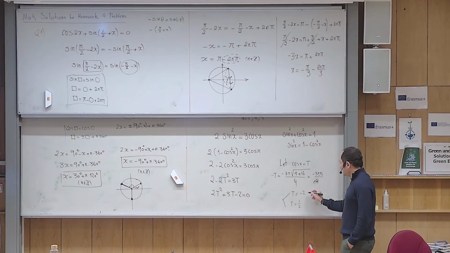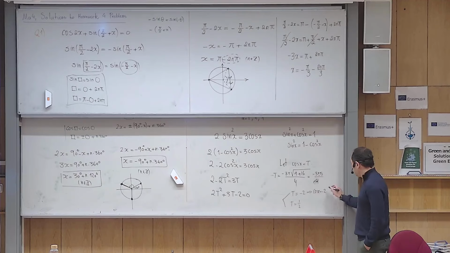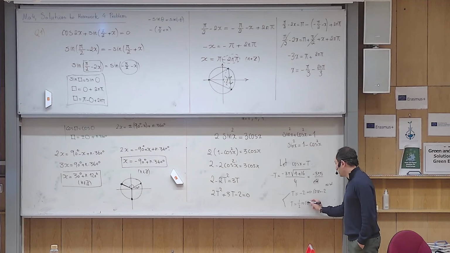Okay? If this is the case, I am not looking for t, I am looking for little x. So from here, I understand that cosine x should be minus 2, but that is not acceptable, because cosine x cannot be lower than minus 1. So no solutions from here. But this one gives you what? Cosine x equals 1 half.